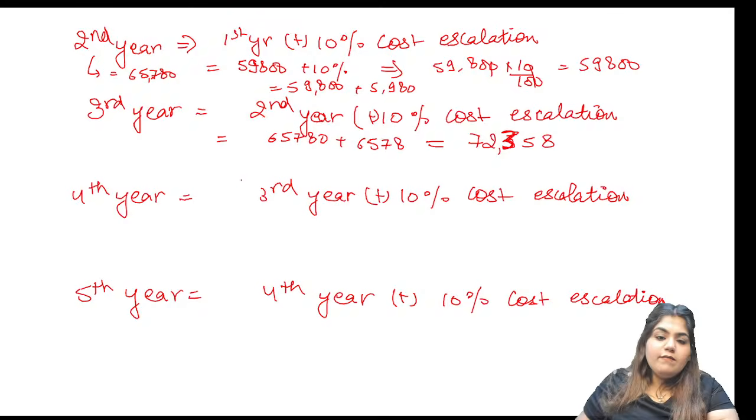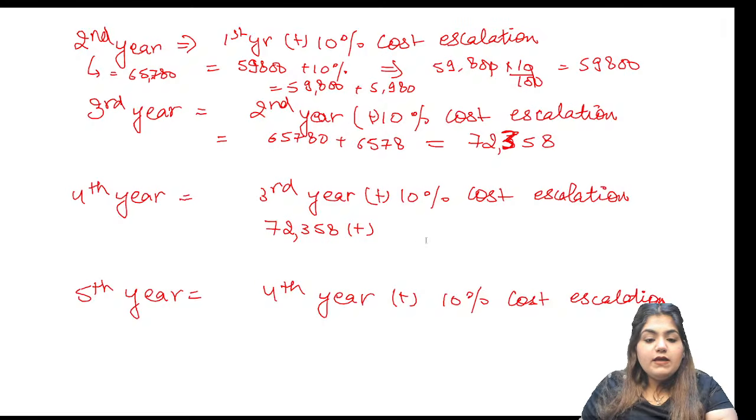Fourth year में it will be 72,358 plus 10% कितना होगा इसका. अब इसे हम राउंड ऑफ कर देंगे.